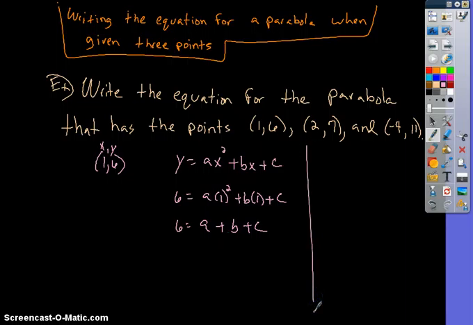Find that equation using (2, 7). So at (2, 7), using the expression y equals ax squared plus bx plus c, this is x, this is y, so 7 equals a times 2 squared plus b times 2 plus c.